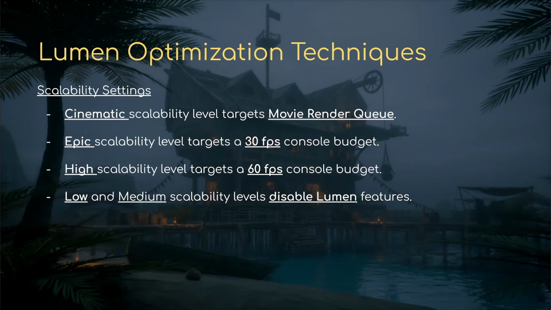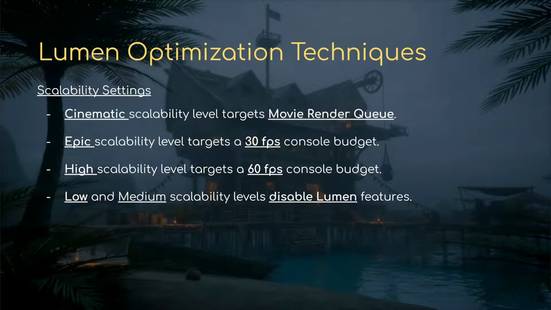Scalability settings. We are going to see what effect they have in the game, but I just wanted to show you that the cinematic quality scalability is mainly for movies, so Movie Render Queue or cinematics, something like that. Epic scalability settings target 30 frames per second on console budget.